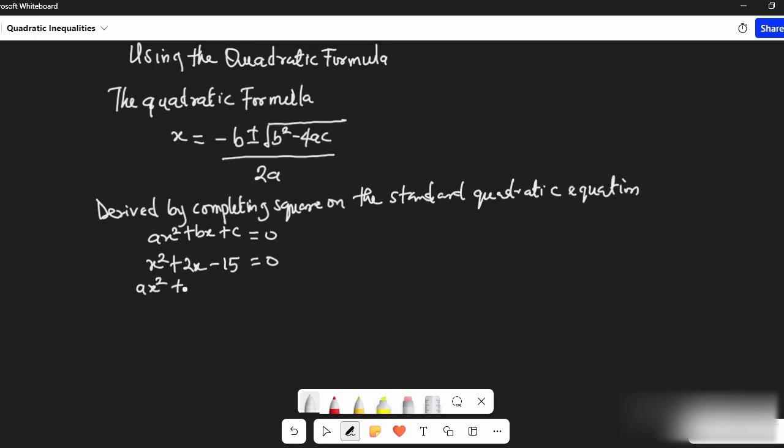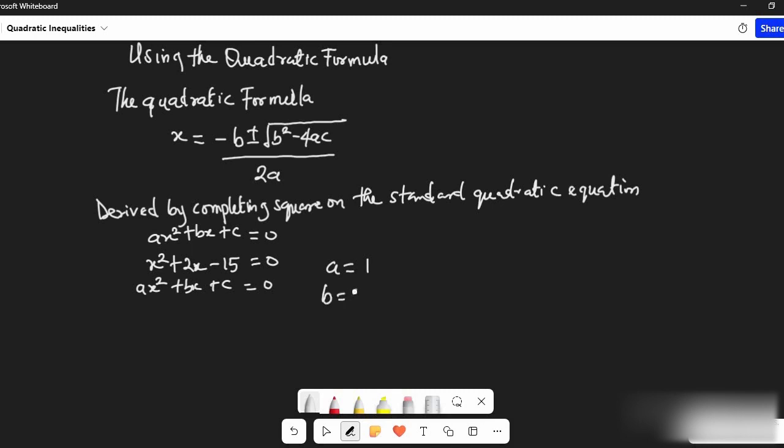So this is ax squared plus bx plus c equals 0. Now comparing both of them, you see that a equals 1, which is the coefficient of x squared here. You see that a is the coefficient of x squared in the standard equation, and 1 is the coefficient of x squared in this equation here. So it means that a equals 1.